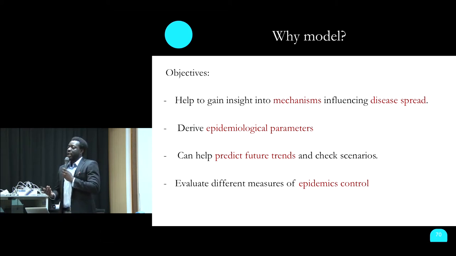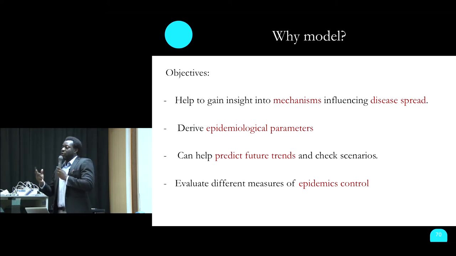In the same way, we can do this with infectious diseases, and we can simulate interventions. If I use intervention A, what kind of results can I have? And if I use intervention B, what results can I have? We can compare different interventions. For example, if I close schools in case of pandemic influenza, what would be the effect?